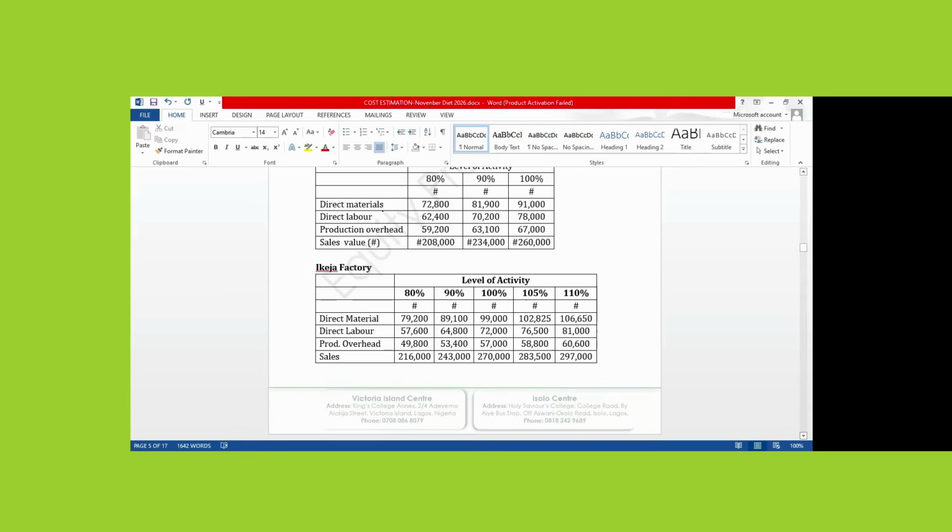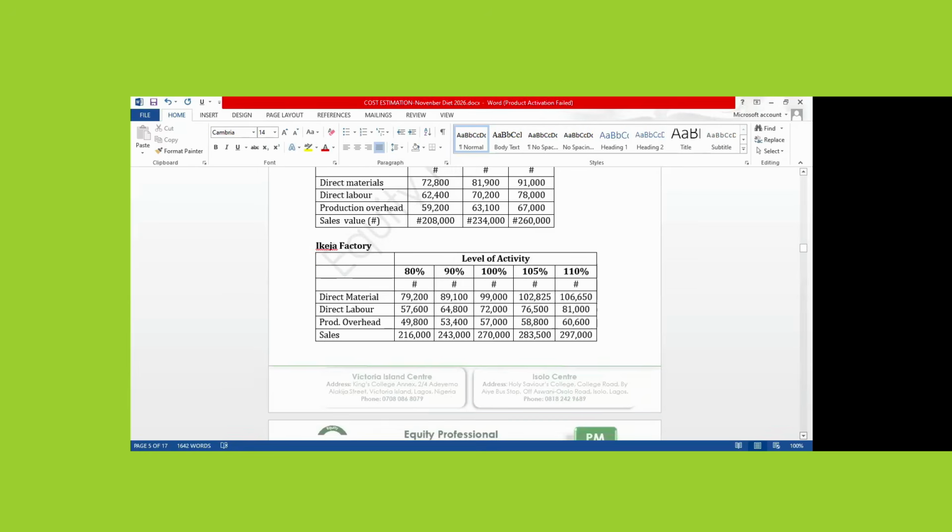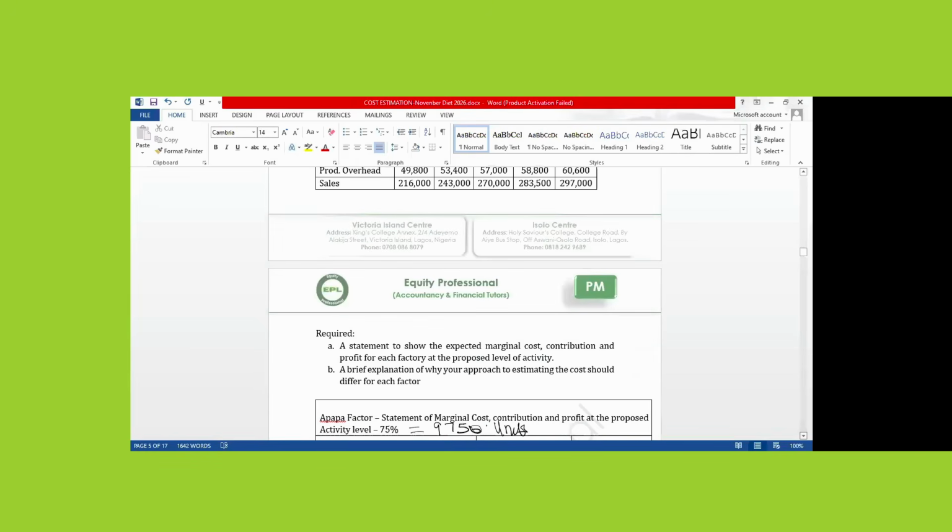Sales value. Requirements. Produce a statement to show expected marginal cost, contribution, and profits for each factory at the proposed level of activities. So you are going to do Apapa factory at the proposed level.